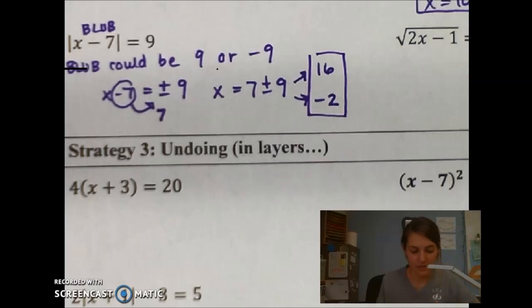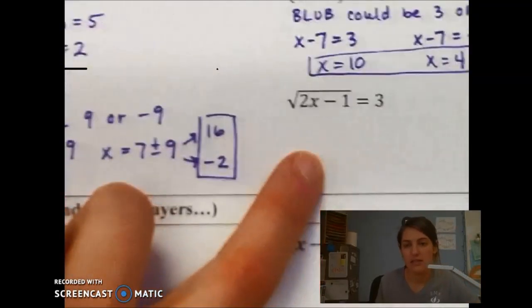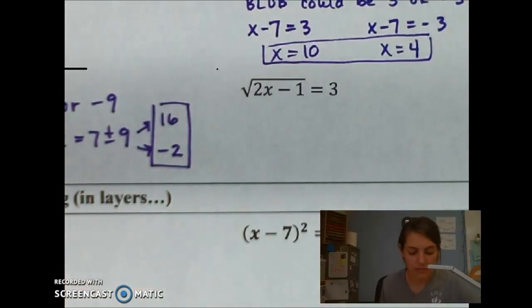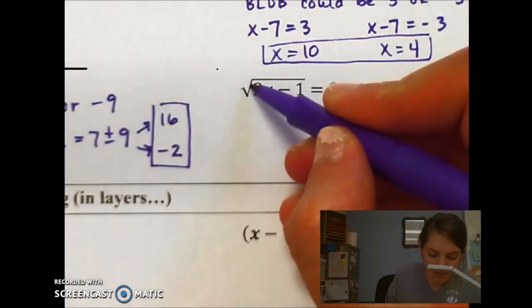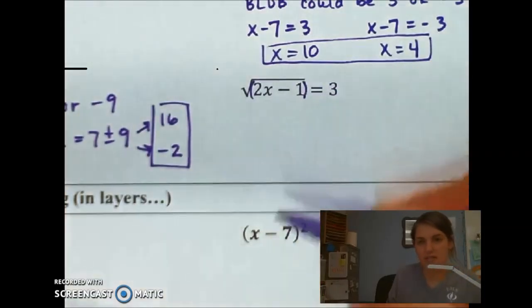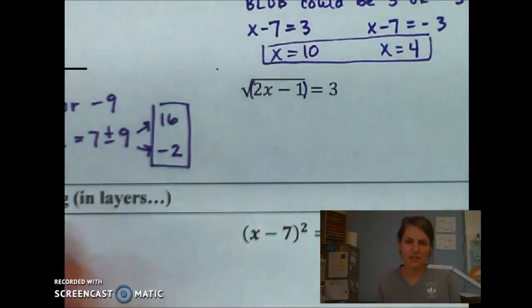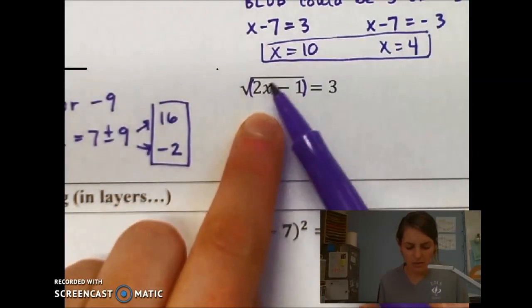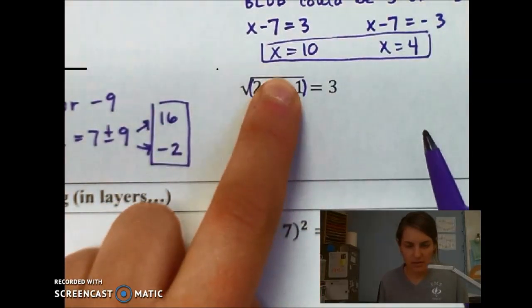And the last one for looking inside is the square root of 2x minus 1. So inside, this time is really looking underneath of there, because anything that's underneath a square root has imaginary or implied parentheses around it. So the square root of blub equals 3.